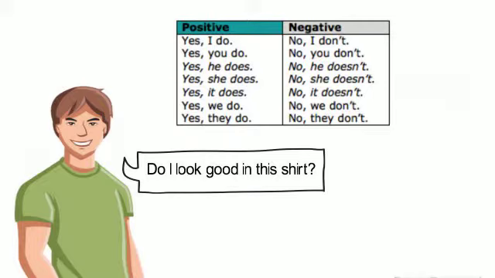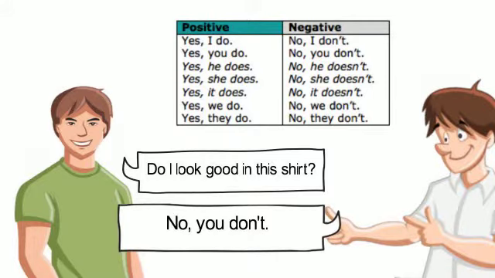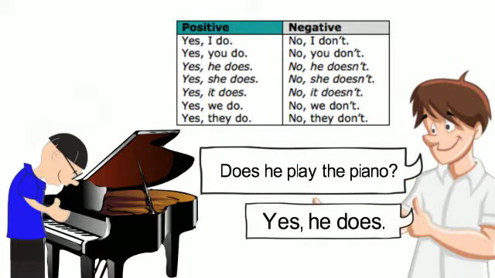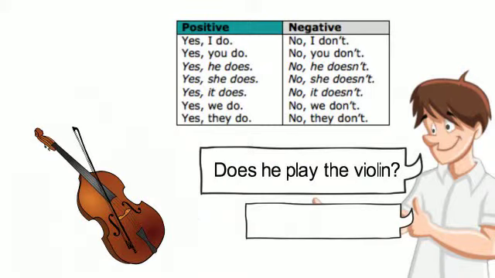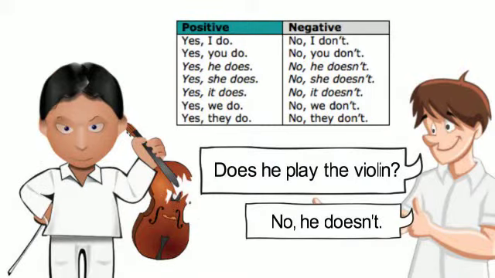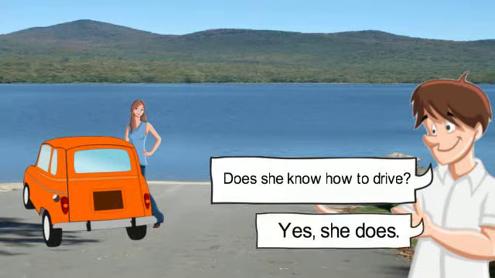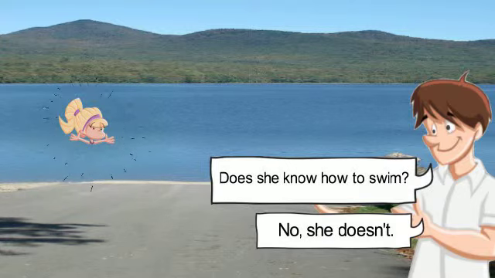Do I look good in this shirt? No, you don't. Does he play the piano? Yes, he does. Does he play the violin? No, he doesn't. Does she know how to drive? Yes, she does. Does she know how to swim? No, she doesn't.